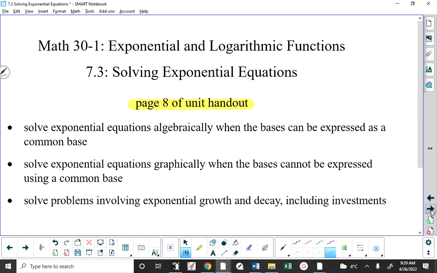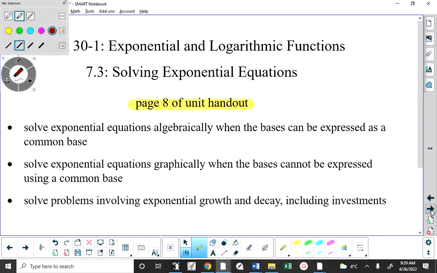At least one of the methods we're going to use today is being used because you don't know how to solve certain ones algebraically. But there will come a time where we will have to solve all exponential equations algebraically, and that time will happen after we learn about a thing called a logarithm. So we are solving exponential equations algebraically if the bases can be expressed with a common base.